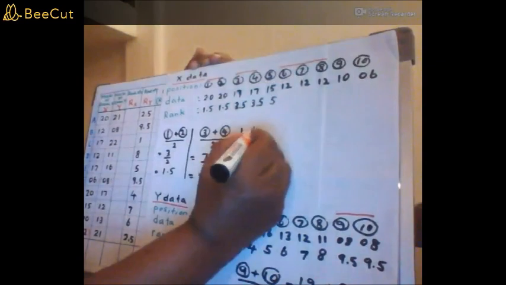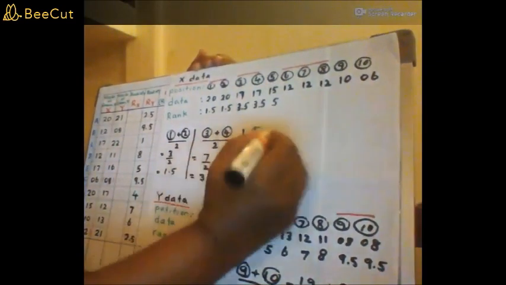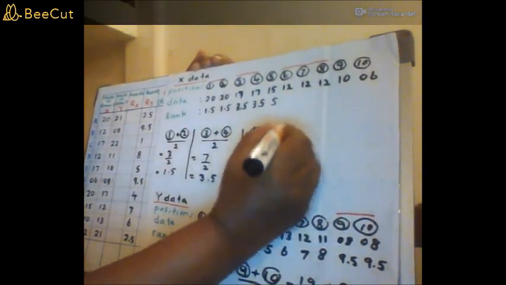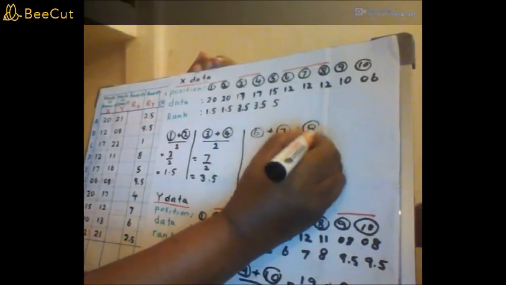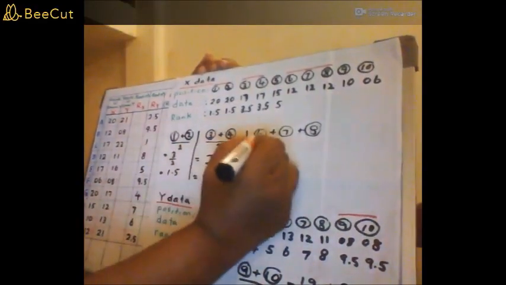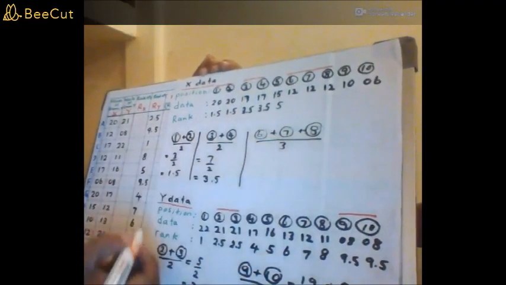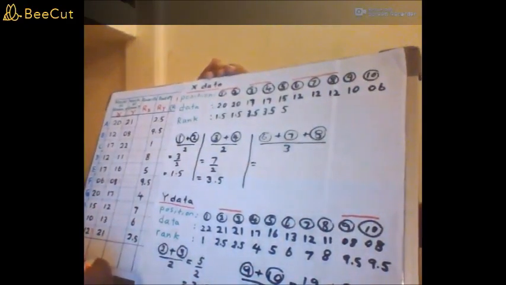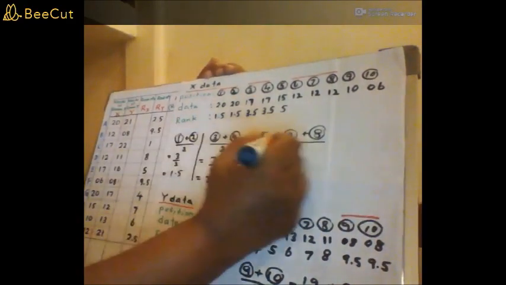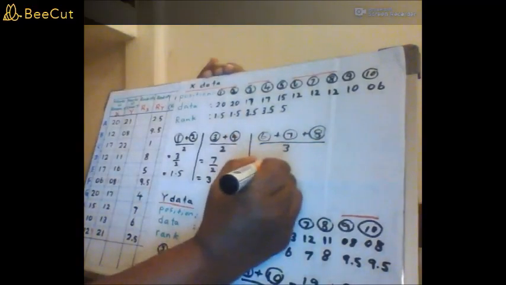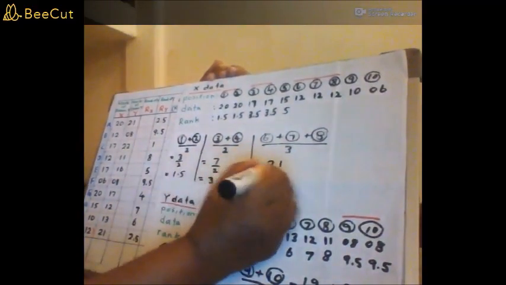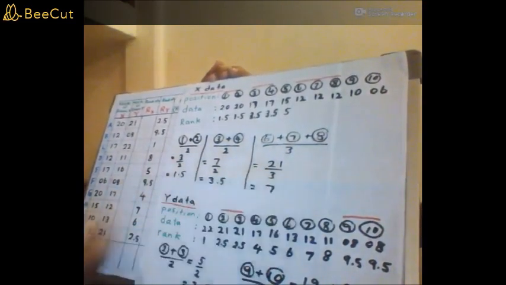6 plus 7 plus 8, divided by 3. 6 plus 7 is 13, plus 8 is 21, divided by 3, so that is 7.